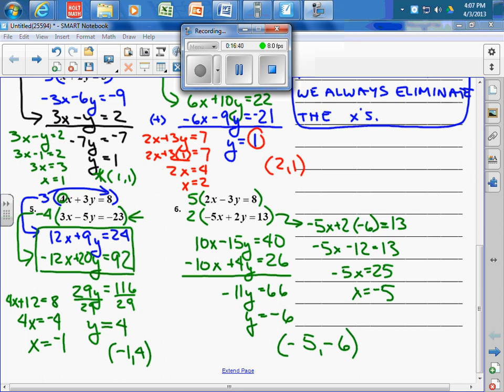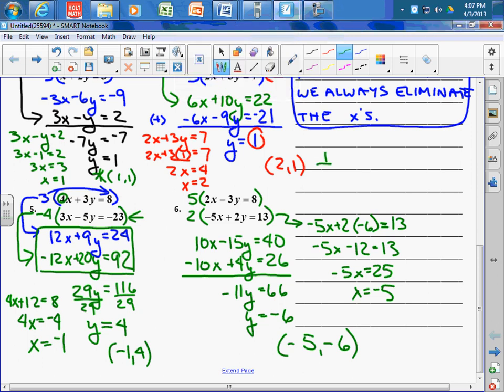So here's a little tidbit that'll help you out. If you don't need to change the signs, then don't change the signs.